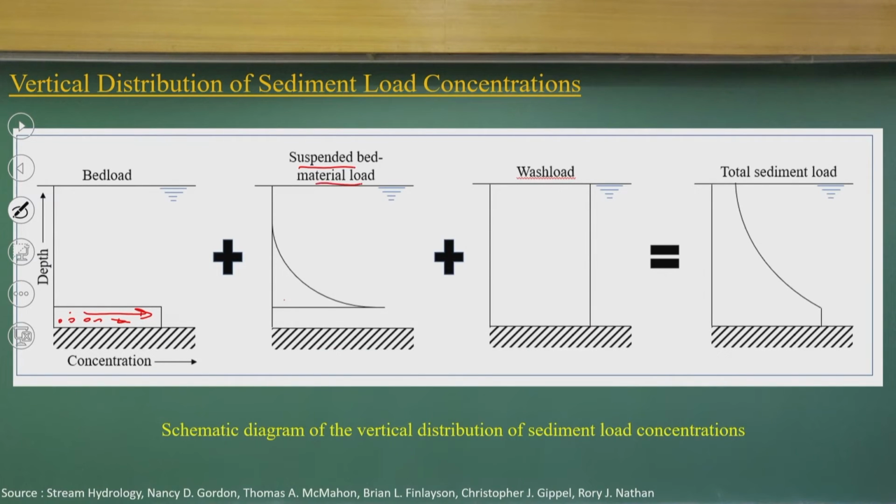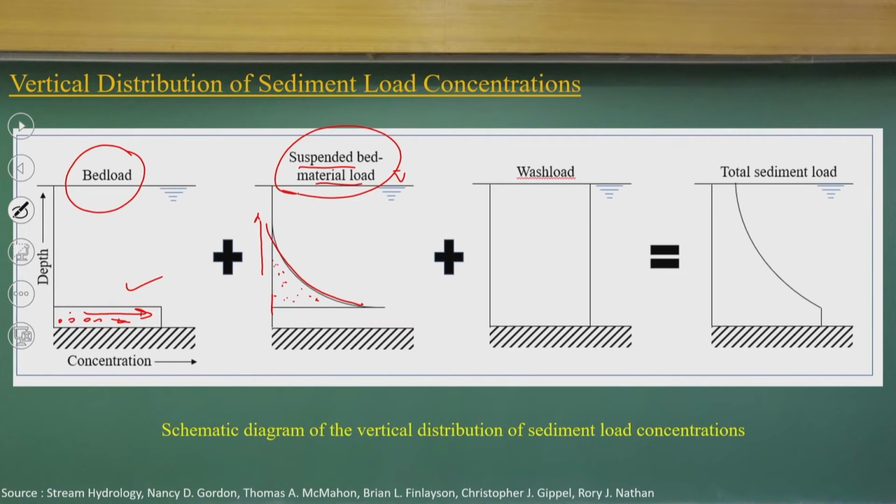All these bed materials go as suspended load; they remain in suspension because of turbulence lift and also the buoyancy forces, both lifting those suspended particles. That will be exponentially decayed as we go from the bed to the free surface. This is the distribution of bed load and suspended bed material load.